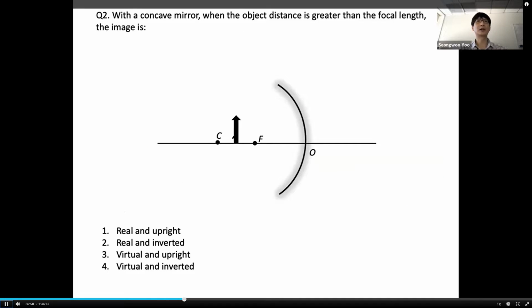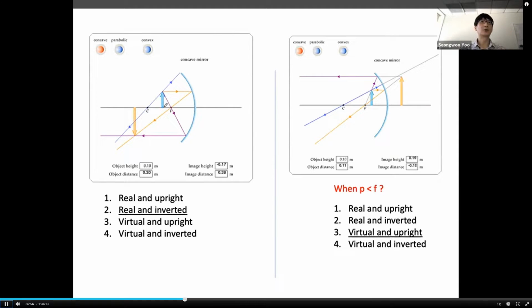Now this is the second question. So well, in this way, the object is placed behind the focal point. So when you construct the ray diagram, then you can see that the image is actually formed, all right, as inverted and also a real image. Now, you can also generate the virtual image when the object is placed between the focal length and the mirror.